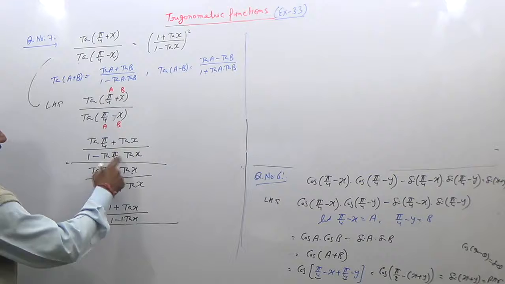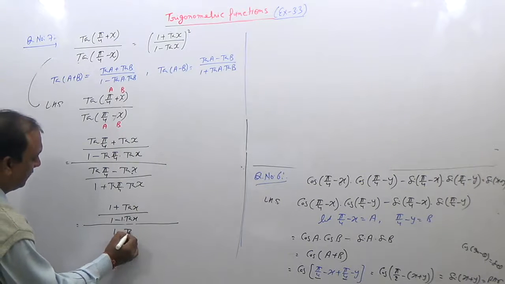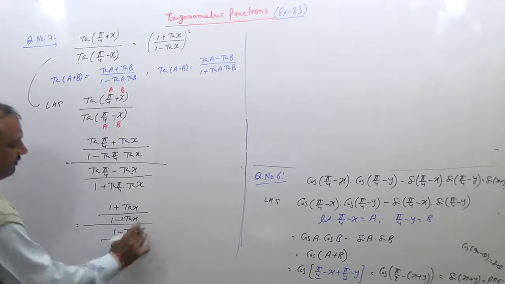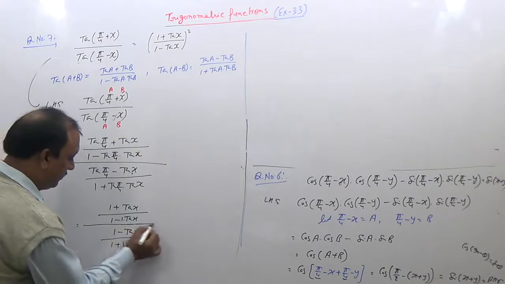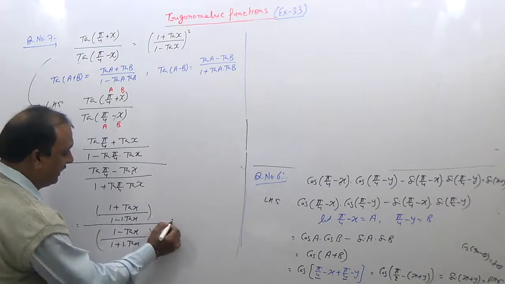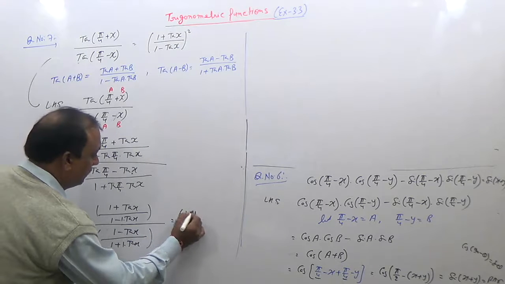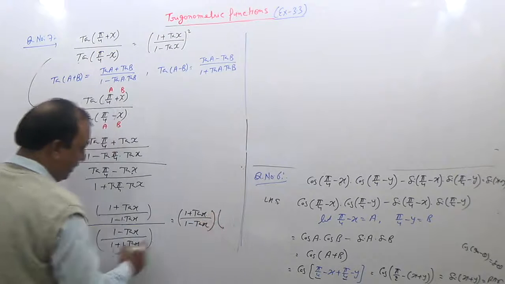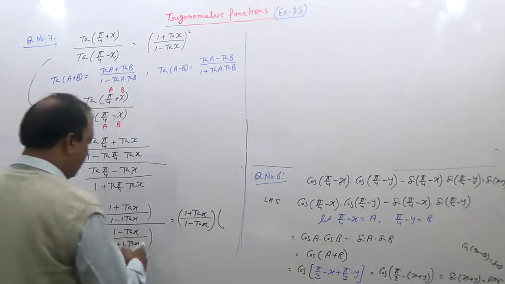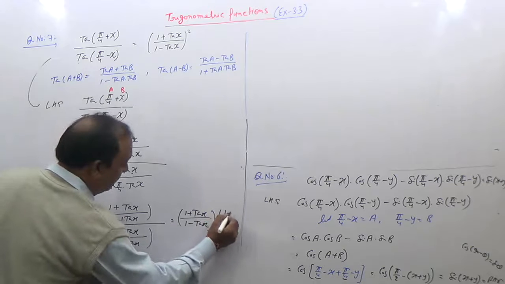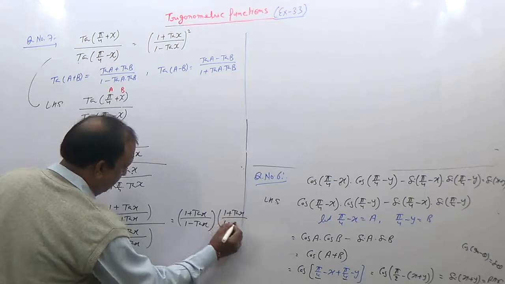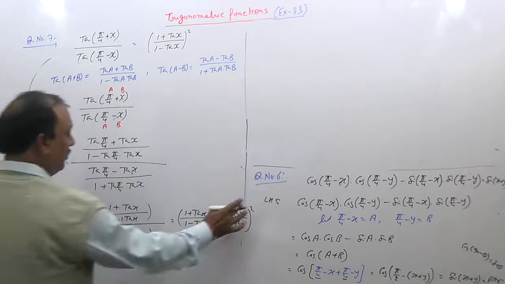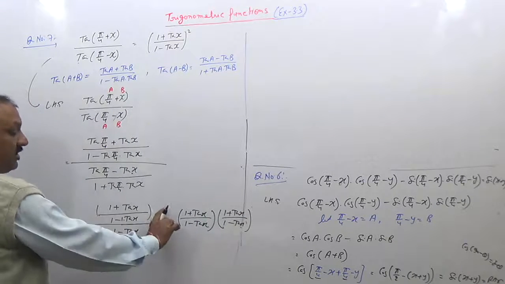We take the reciprocal and multiply with the numerator. इसको reciprocal करके multiply करें.